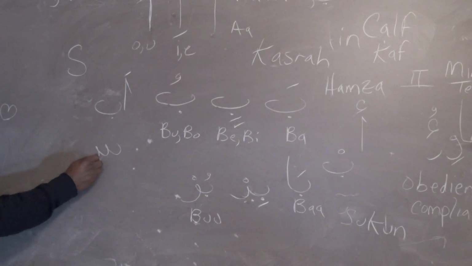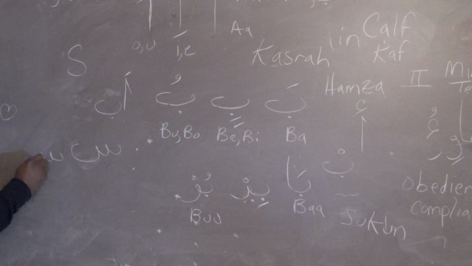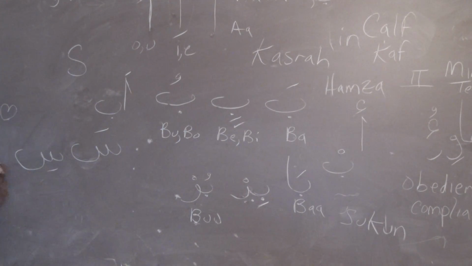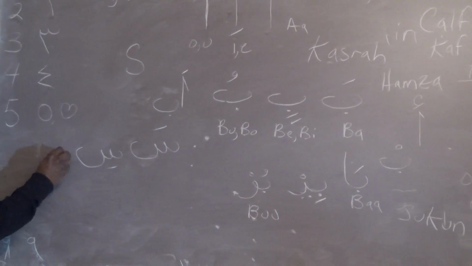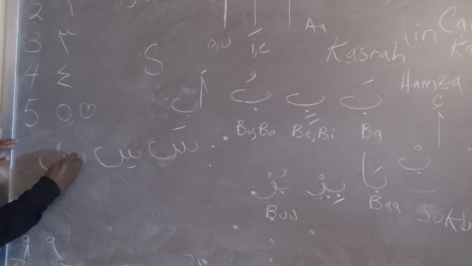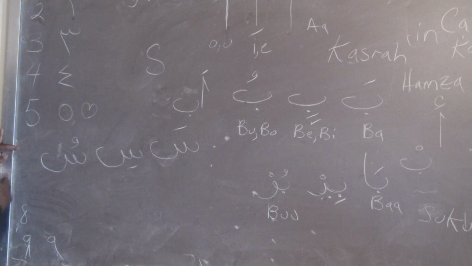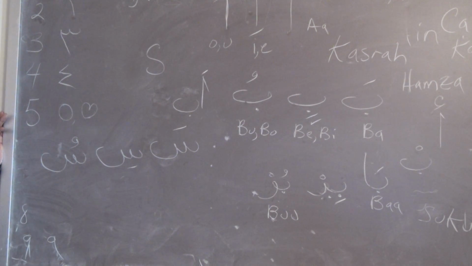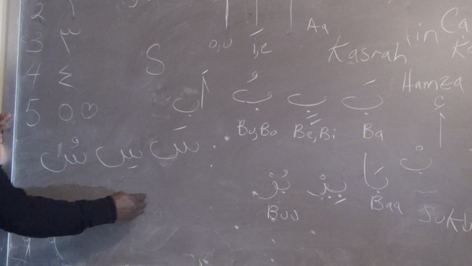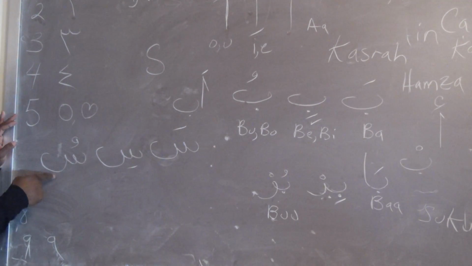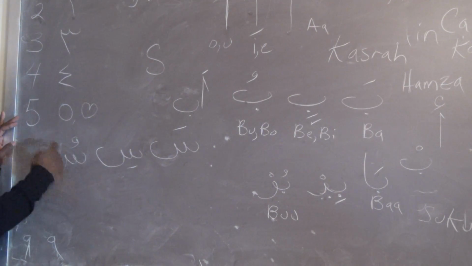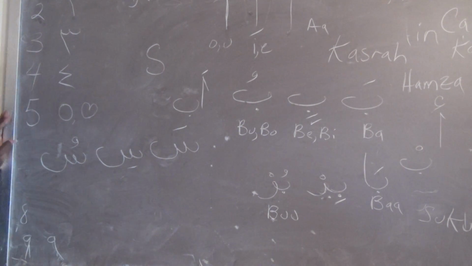We want to elongate this particular vowel, or word, letter, rather. Okay. So we got what? Let's see it first. We got sa.